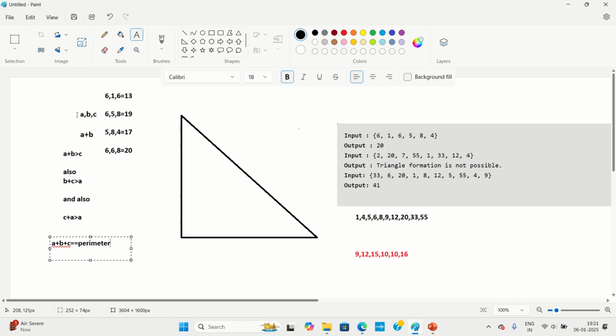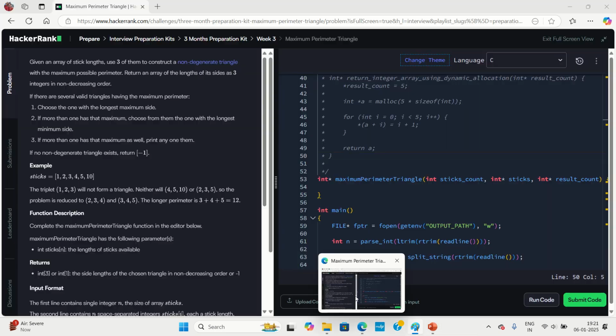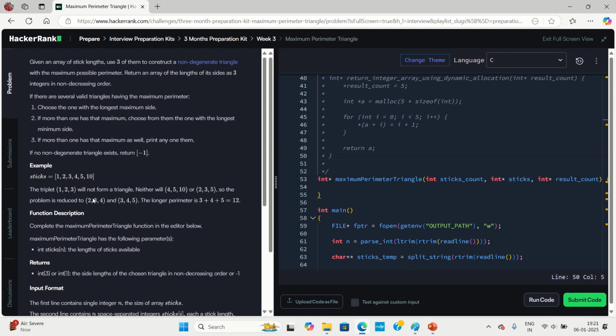Like say, suppose I am having a triangle of sides A, B, C. Okay, ABC. Now for that triangle, A plus B should be greater than C. Fine. Like say, we can take this example of HackerRank itself. They have found out these two triangles, 2 3 4 and 3 4 5. Now A plus B should be greater than C first of all.